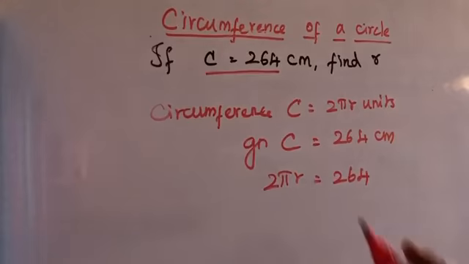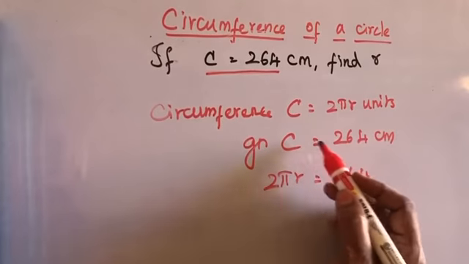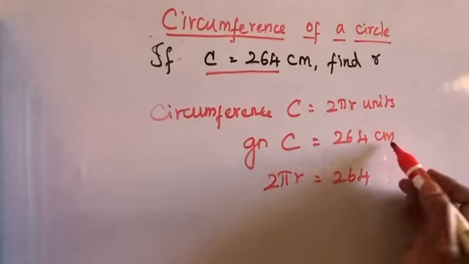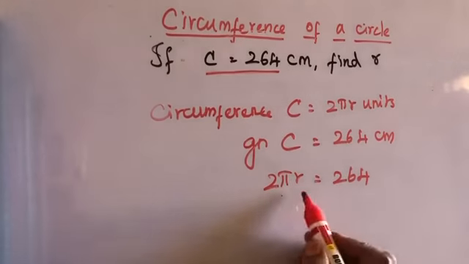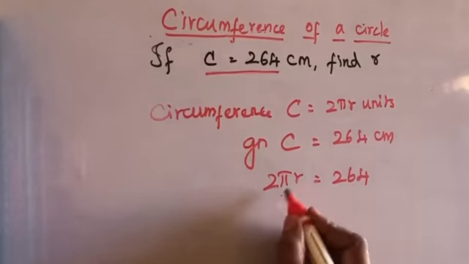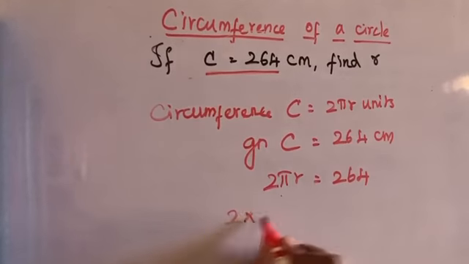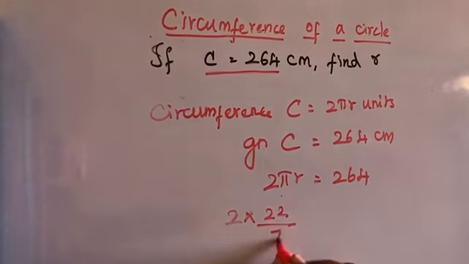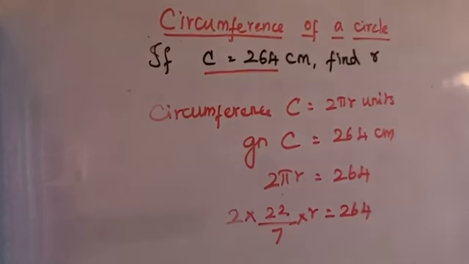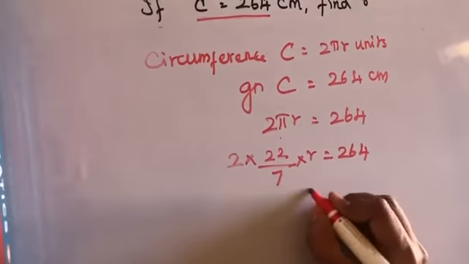Why? Because C is the circumference and the formula for C is 2 pi r. The value of C is 264. Now we can substitute the value for pi. So 2 into 22 by 7 into r is equal to 264.